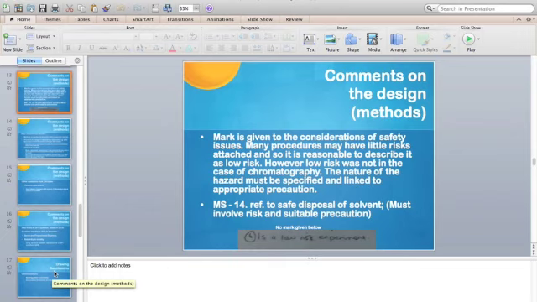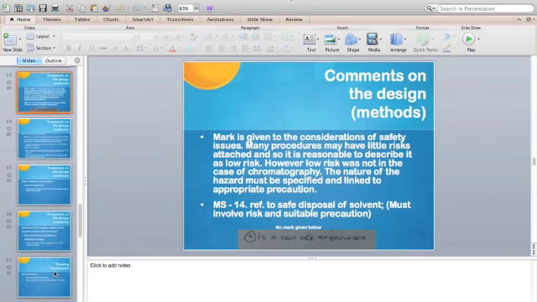On the safety issues, though many procedures or experiments may have little risk attached, not all do. So students must know well when to write this is a low risk, or when to identify that a risk is involved. The nature of the hazard must be specified and a suitable precaution must be linked to it.